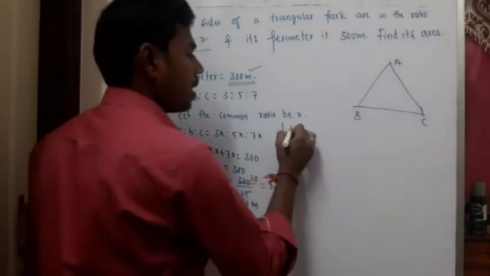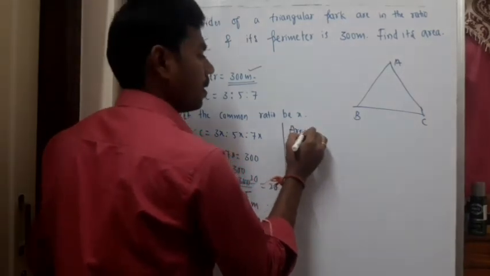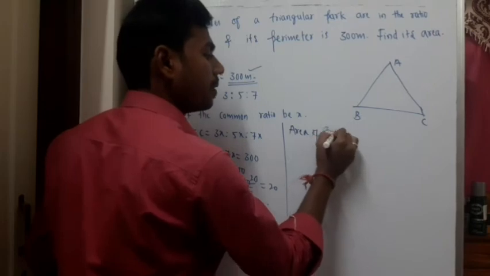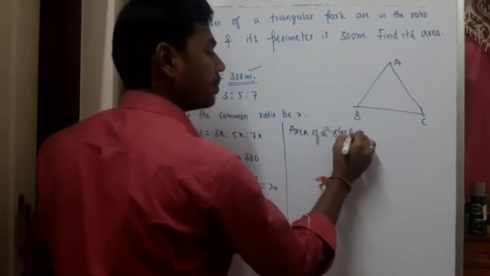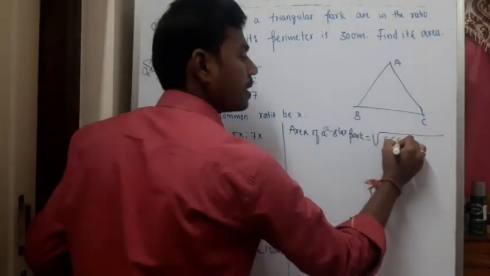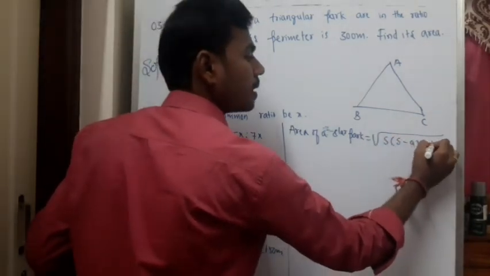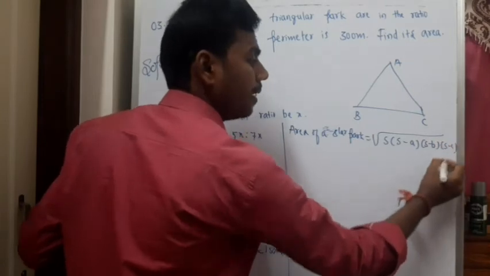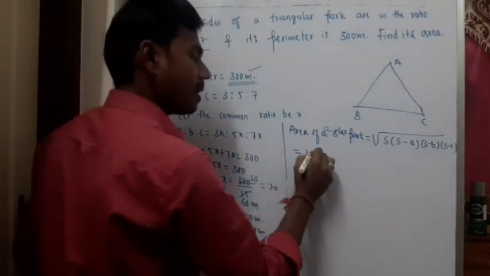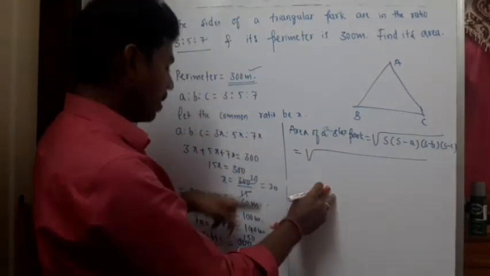Now area of a triangular park is equal to square root of S into S minus A into S minus B into S minus C. Fine. Now we'll continue here. So what is S? S is nothing but 150.